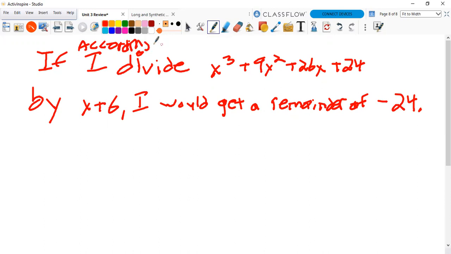According to the remainder theorem, if I divide that by x plus 6, I would get a remainder of -24.